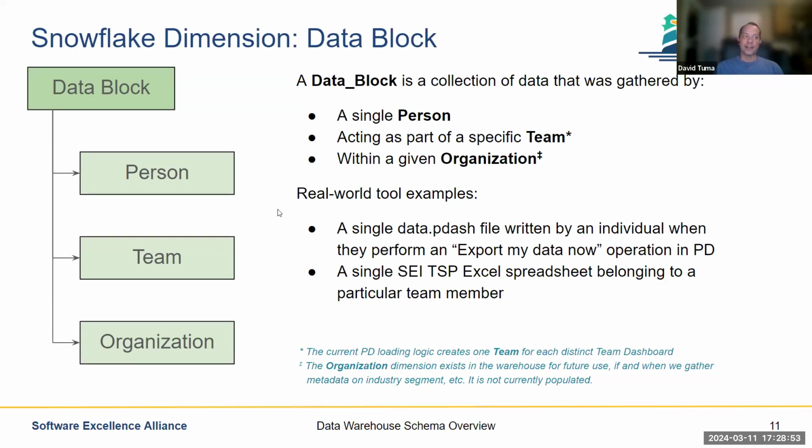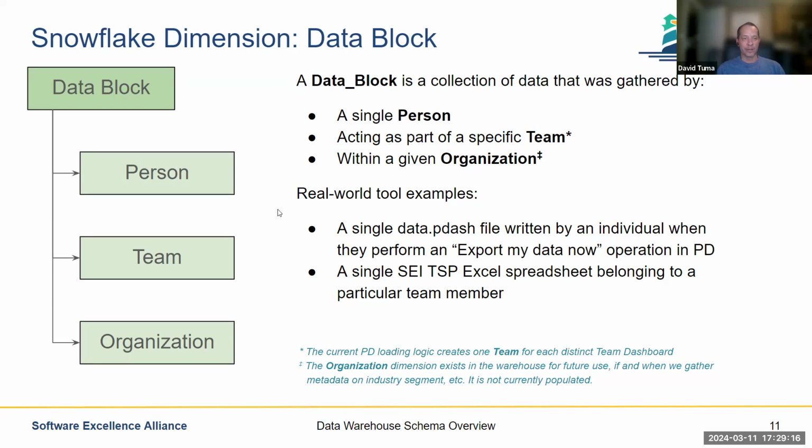If and when we get around to doing that, we will use the organization dimension basically as a way of tagging different data in the warehouse as having come from an embedded system or a DoD project or something to that effect, or military. But at the moment, we don't have any of that data.